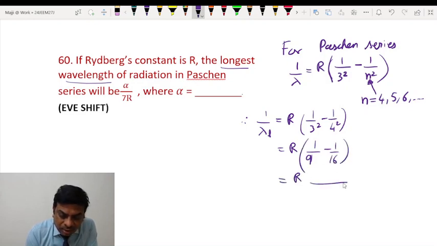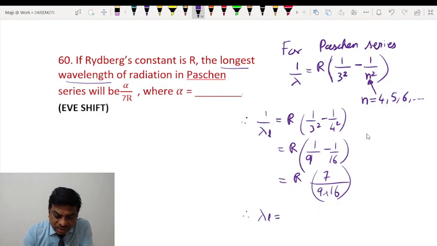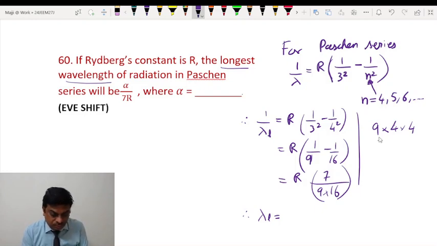So therefore R into 7 upon 9 into 16. If you take the reciprocal, you will have 9 into 16, that is 144, by 7R.